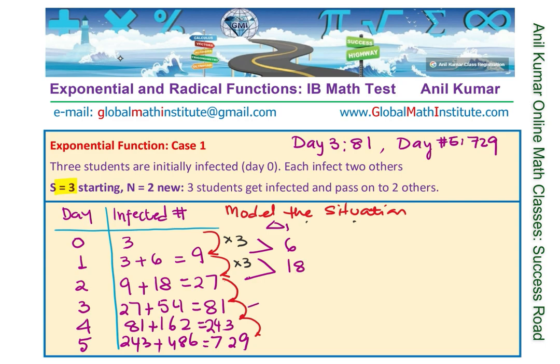And then it is 81 minus 27, which is 54, so it is times 3, as you can see. Then 243 minus 81 is 162.